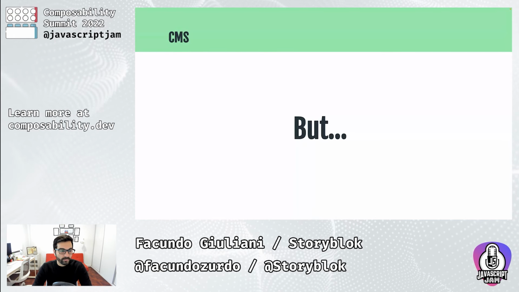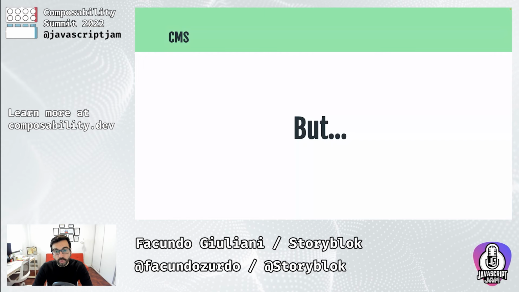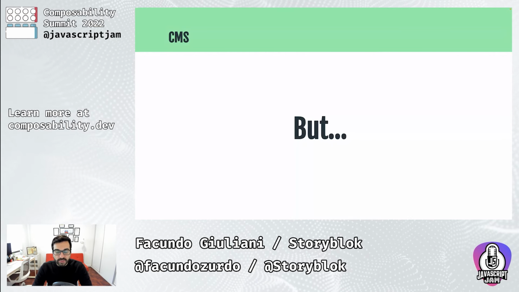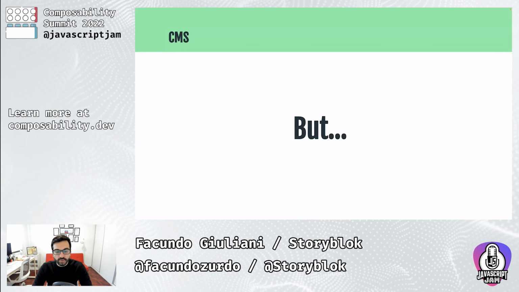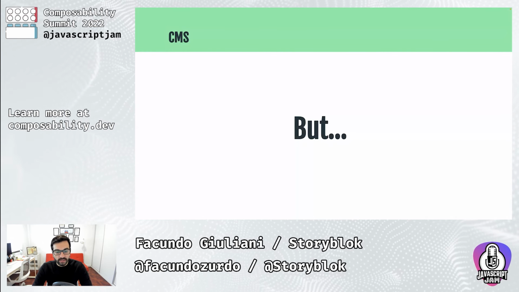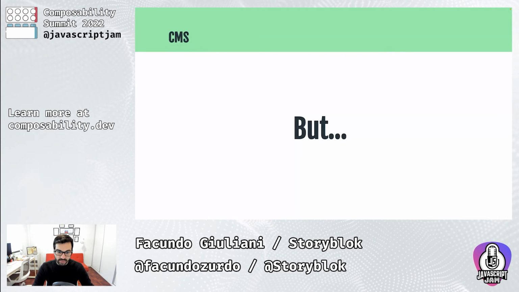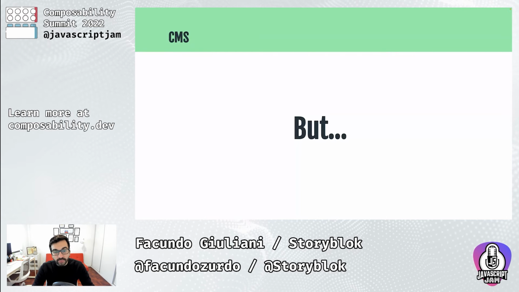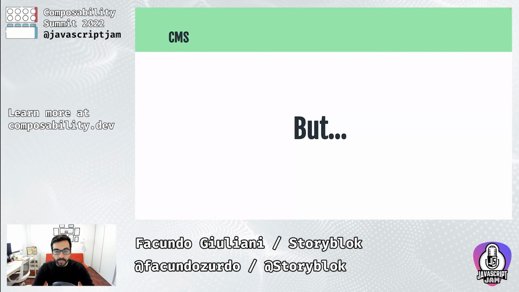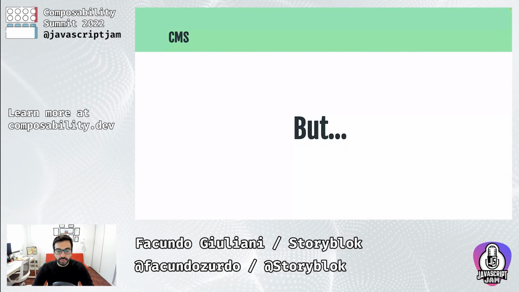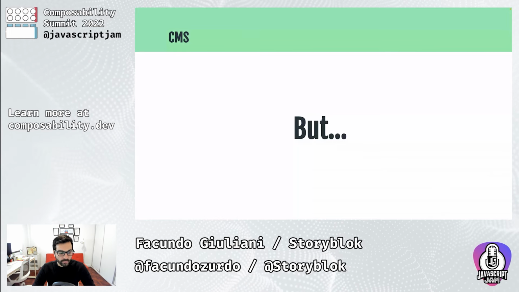In the case of WordPress, for instance, you are forced to use the programming language PHP to create the presentation layer for the content that you are creating. So you are forced to create a website. That's the only presentation layer or channel that you can use to expose the content, and to create that website, you are forced to use the PHP programming language.